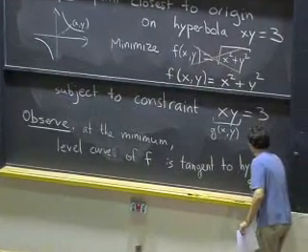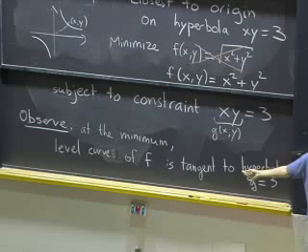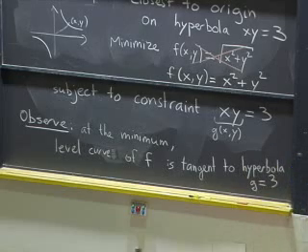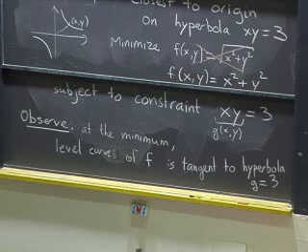And remember, the hyperbola is given by the equation g equals 3, so it's a level curve of g. So we have a level curve of f and a level curve of g that are tangent to each other. And I claim that's going to be the general situation that we're interested in.